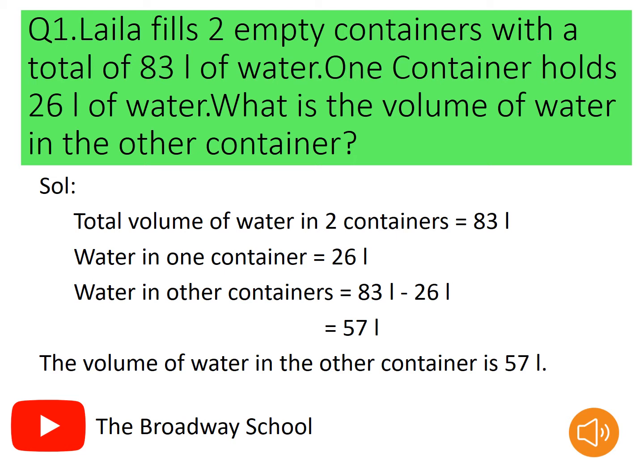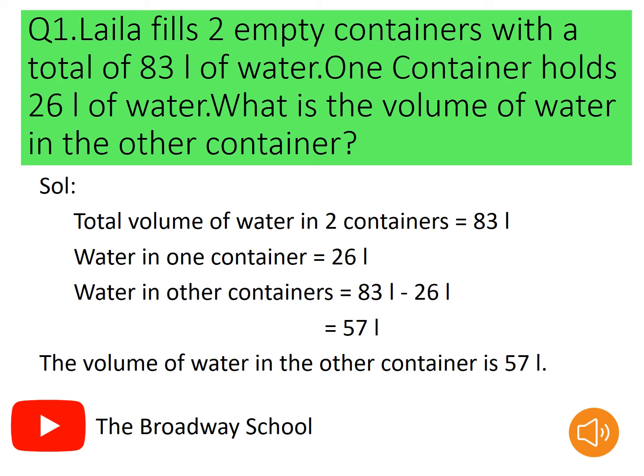So what will you do? Your first statement will be: total volume of water in the containers is equal to 83 liters. Second statement: water in one container, 26 liters. Third statement: water in the other container is equal to question mark. When you subtract 26 from 83, you will have your final answer, 57 liters.